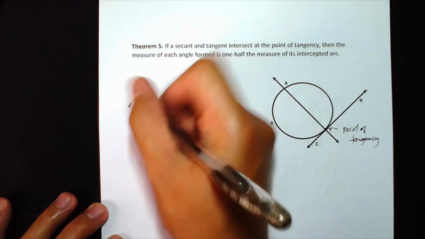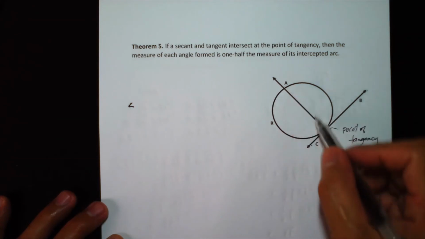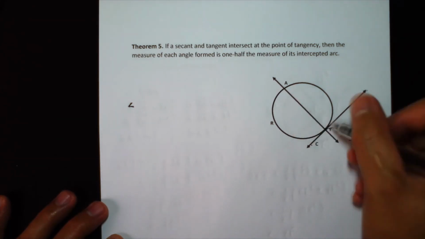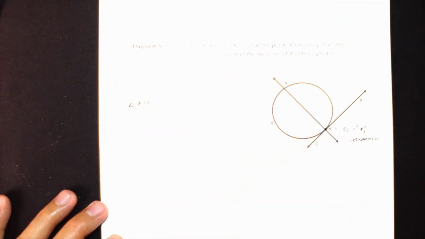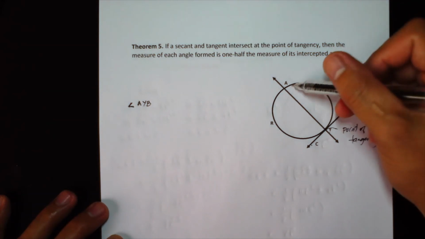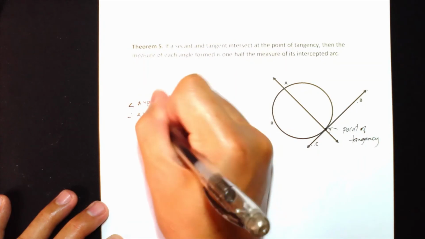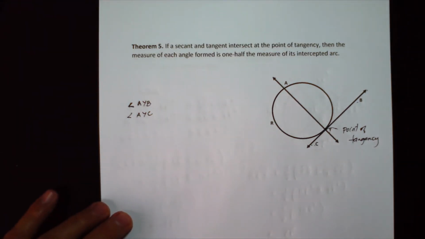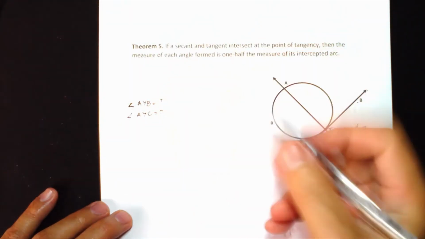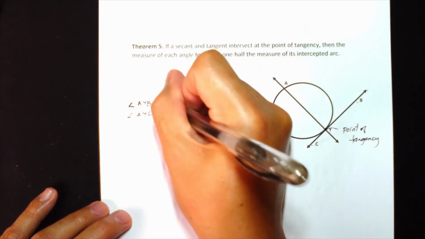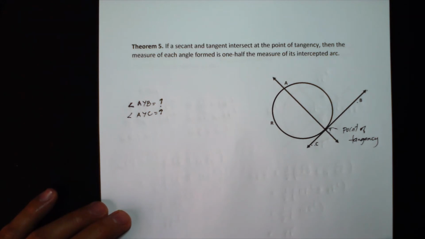There are two angles that are formed: angle AYB and angle AYC. So how do we find the measurement of the two angles? Using their intercepted arcs, we can find their measurements.